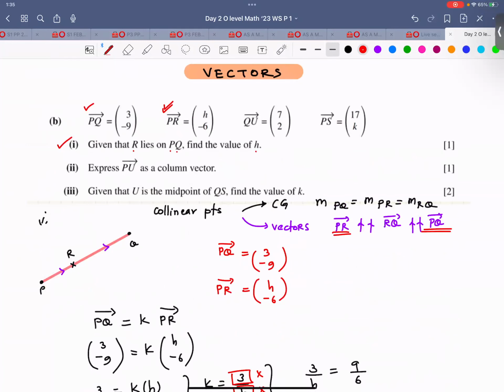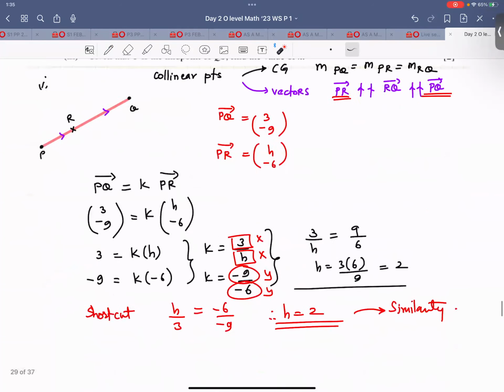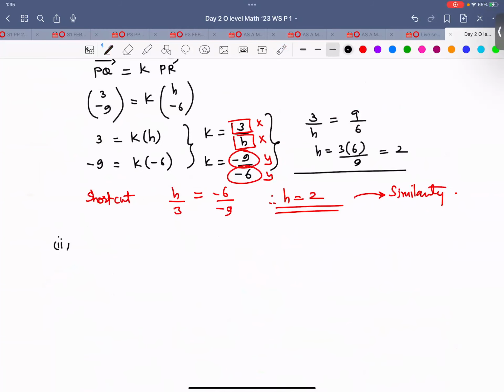The second part says express PU as a column vector. So now you have to develop a link. For PU, we have PQ and we have QU, and PQ plus QU is PU, as simple as this. Second part: PQ plus QU is PU.